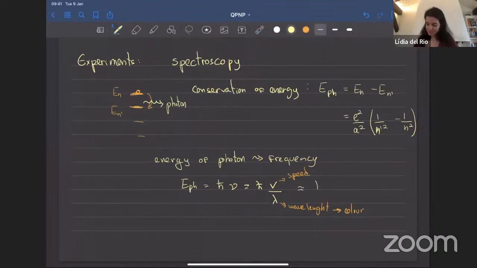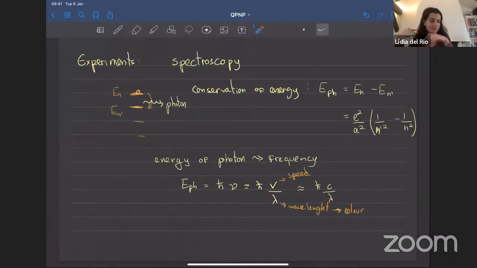So, for example, if you do this in vacuum, then this is the speed of light, and that's the thing you detect. And then you can compare this to that. So from the spectrum, essentially, you take a bunch of hydrogen atoms. You need to give them energy so that they get excited. For example, you can just shine white light, which is a mixture of all wavelengths. So they'll get excited, and then you turn off the lights and you see what colors they emit.